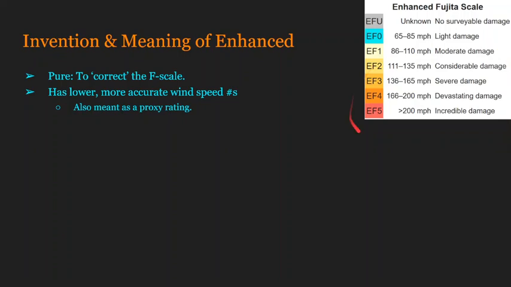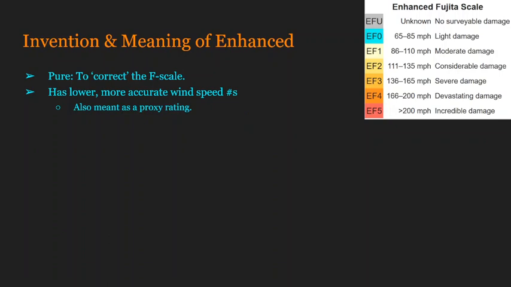Here are the wind speeds of the enhanced Fujita scale. Little known fact, I didn't know this until I was researching this: there was a modified Fujita scale that Dr. Ted Fujita introduced himself, but it was not adopted at all, around 1992 or 1993. As you can probably read, if you can't, that's okay.